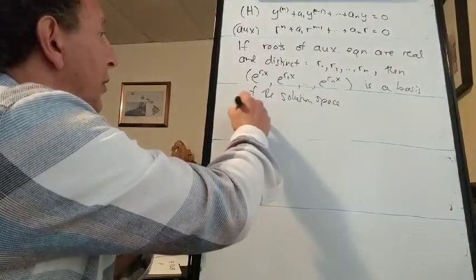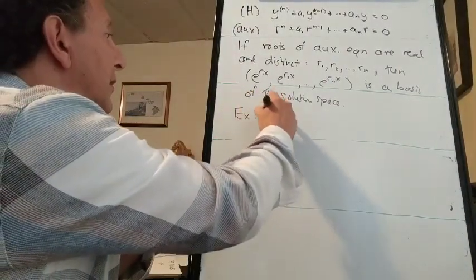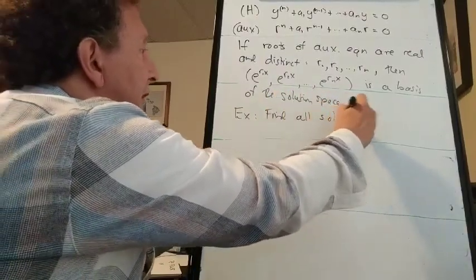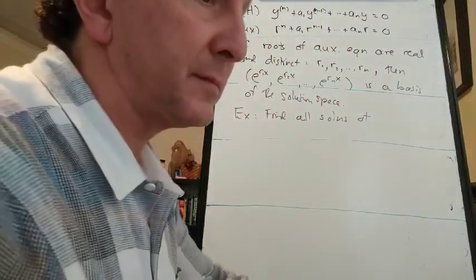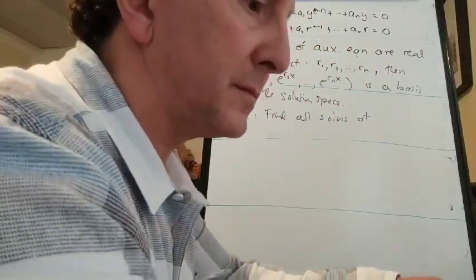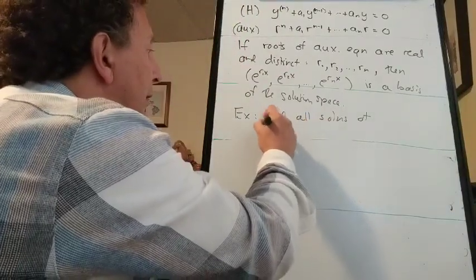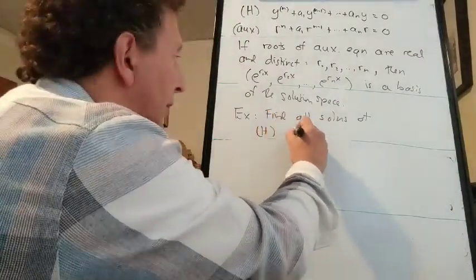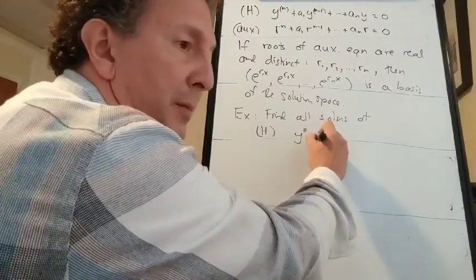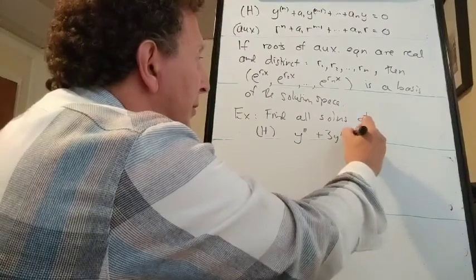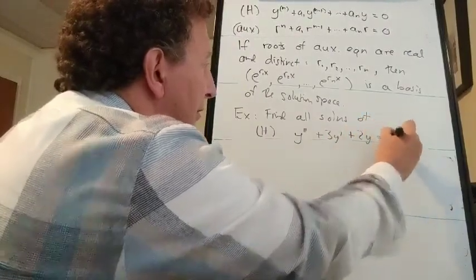So for example, let's find all solutions of the homogeneous equation y double prime plus 3y prime plus 2y equals 0.